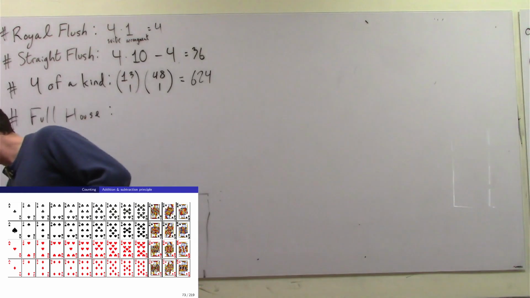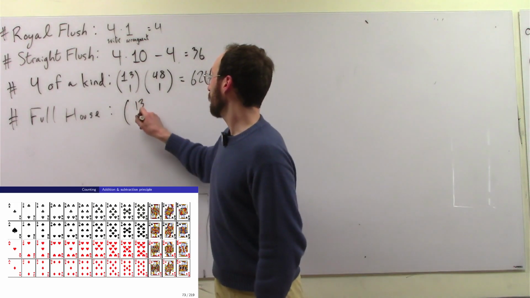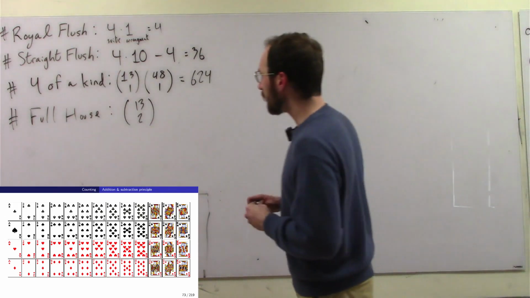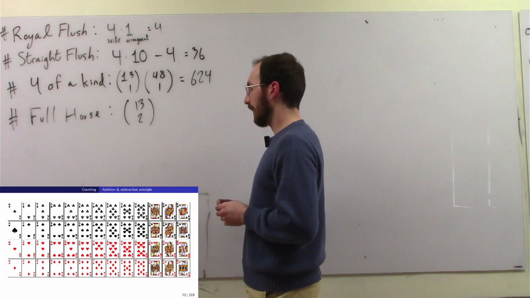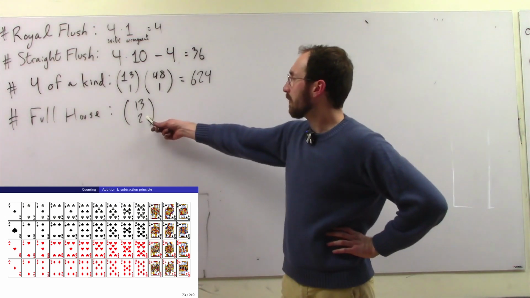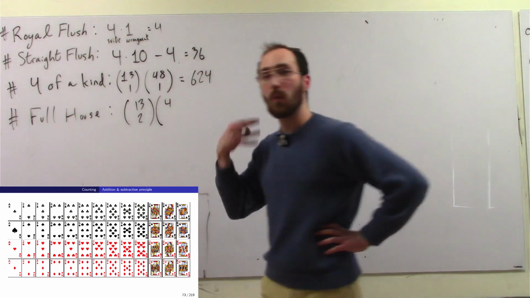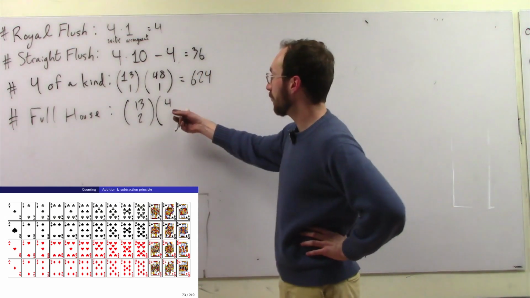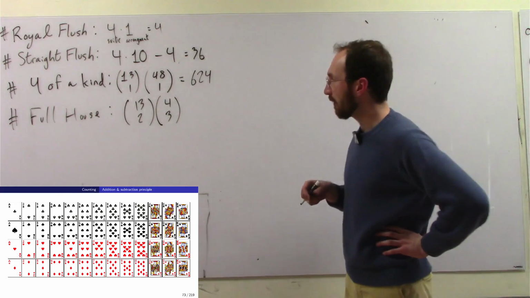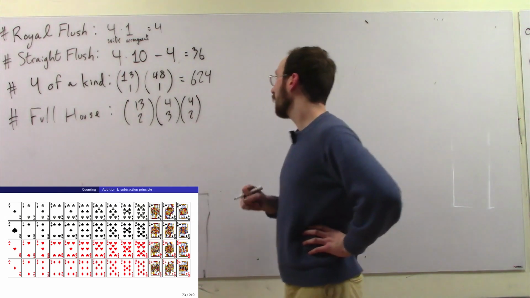So how do we actually do this? Well, we're going to choose 2 ranks. We have 13 to begin with. We're going to choose 2 of them. And after we do that, we're going to pick 3 from one of those. We have 4 suits for any rank. We're going to choose 3 cards from one of them, and then we are going to choose 2 from the other.